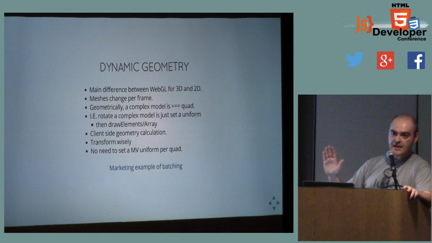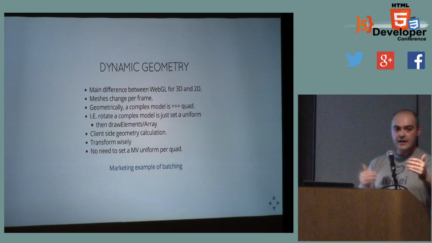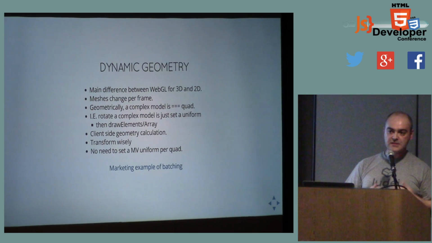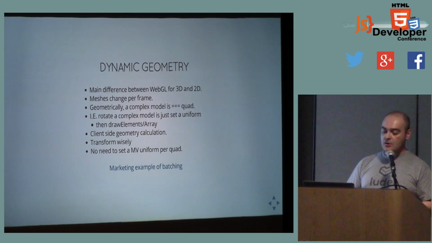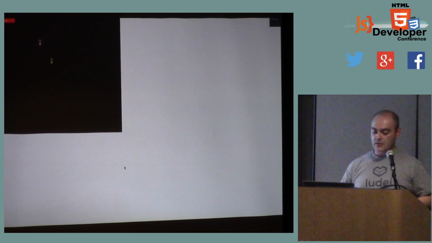If it is only translated, we only move the positions. If it is rotated, we just rotate. If it is translated and rotated, there are different ways. And in JavaScript, this is very important because JavaScript is extremely sensitive to the quality of your code and to the amount of instructions you're going to be running. So if you do this correctly, I'm going to show you some code.